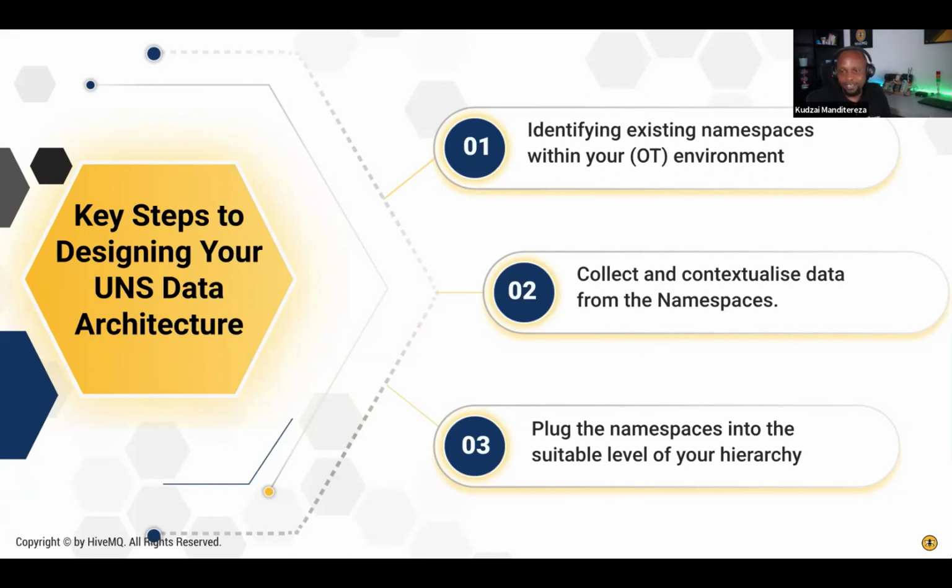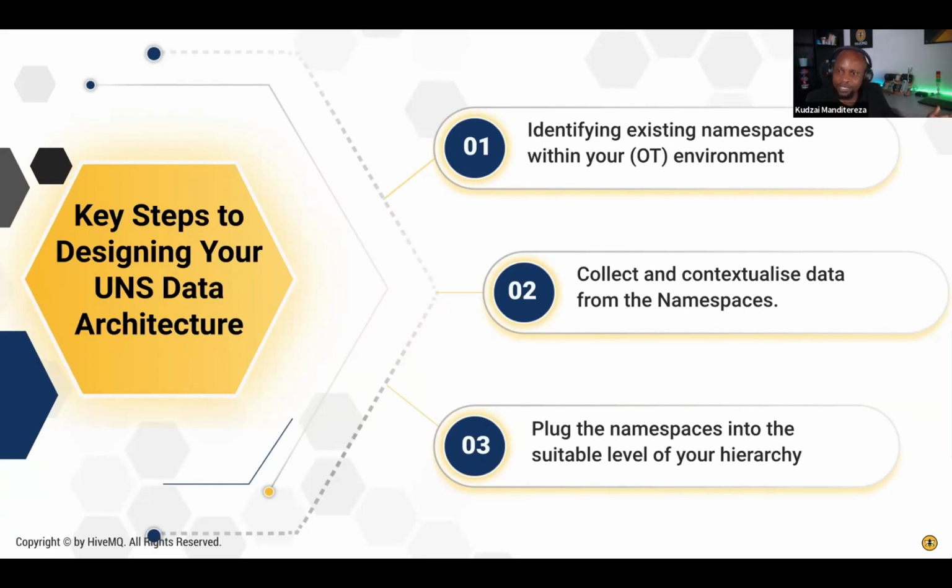For example, if the OEE of production line 1 in site A needs to live in that particular hierarchy, using the ISA 95 hierarchical representation, you will then be able to publish data into that specific bucket of information where it will make sense for other systems that need to find that data to locate it and then be able to act upon that. So if you need to be able to act on the OEE of a particular production line, you know exactly where to go to find that information.